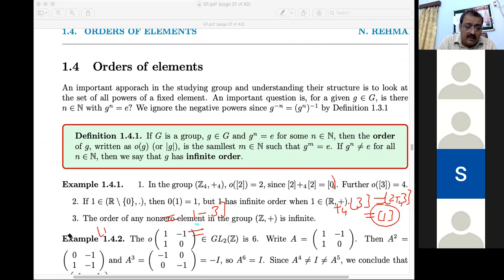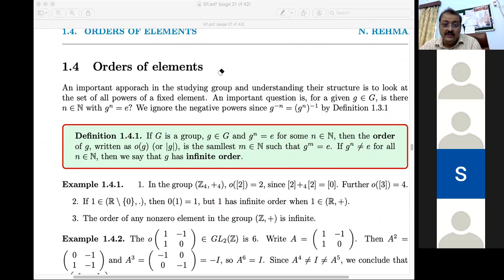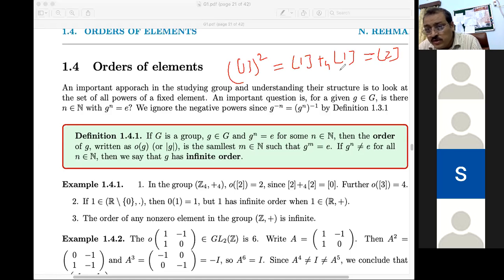With power 1, it stays 1, not identity. Now power 2 means equivalence class of 1 addition modulo 4 equivalence class 1, which is simply equal to 2, so it is not the identity element.